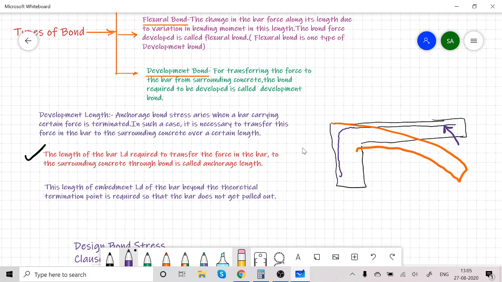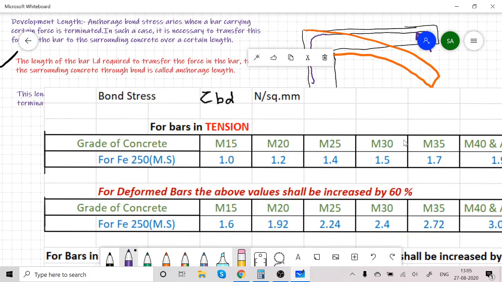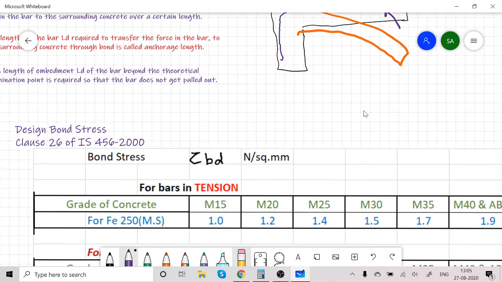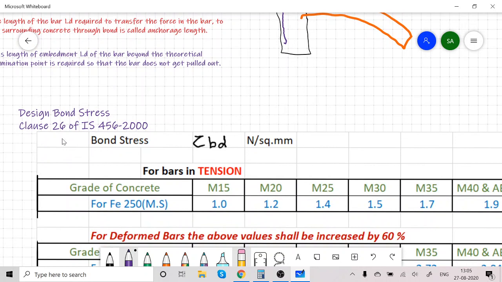So how the development length is calculated, we will see here. Before that, the bond stress depends upon the grade of concrete. The design bond stress is given in clause 26 of IS 456:2000. It is denoted by tau BD, design bond stress, measured in Newton per square millimeter.